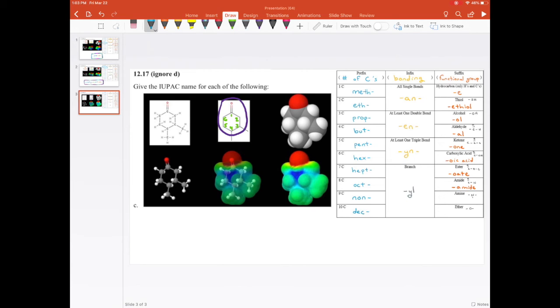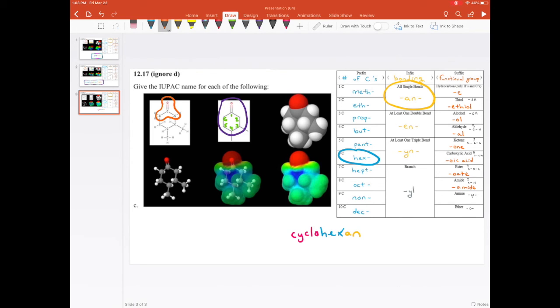You can see there's a total of 6 carbons here, so the prefix for this will ultimately be hex. Remember, though, that it's going in a ring, so before that prefix, you want to put cyclo. Cyclo, there are 6 carbons, so hex. Between those carbons, all single bonds, so AN, and then the functional group is a ketone.